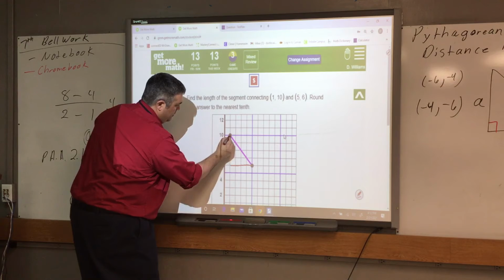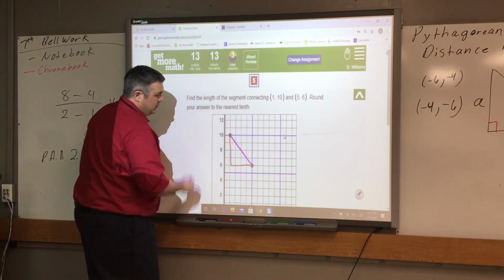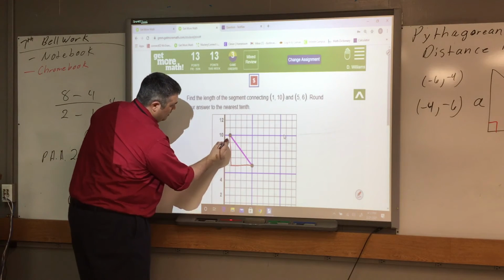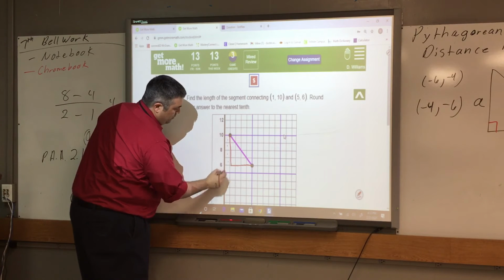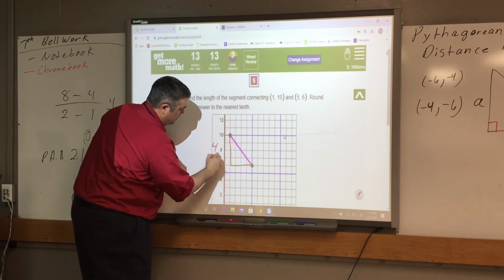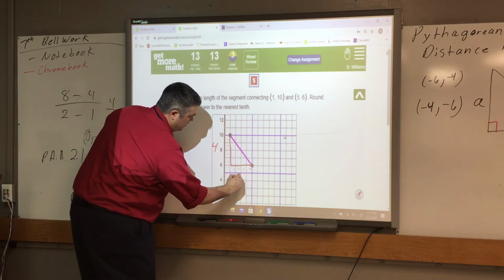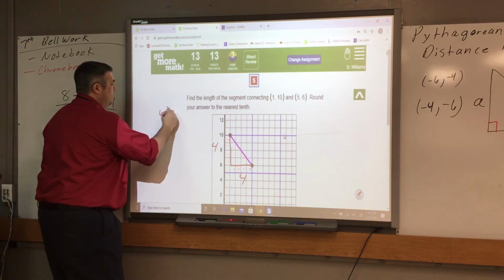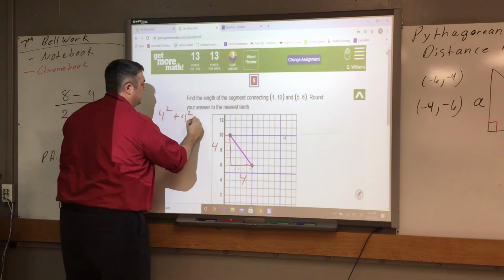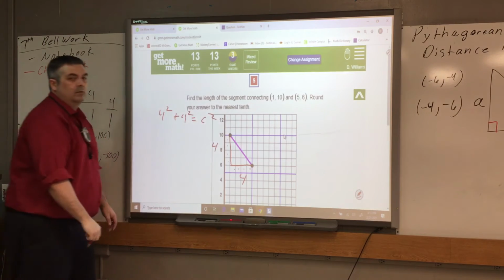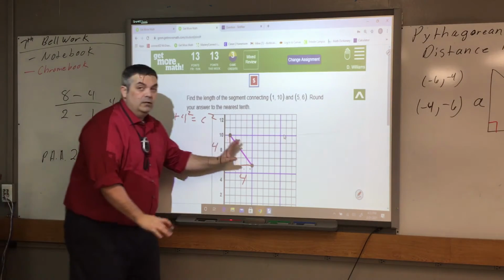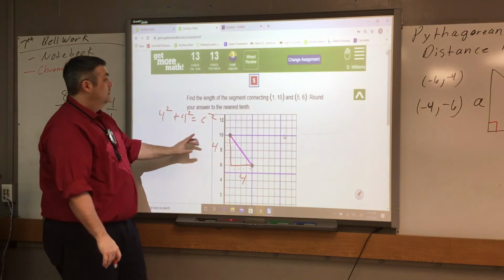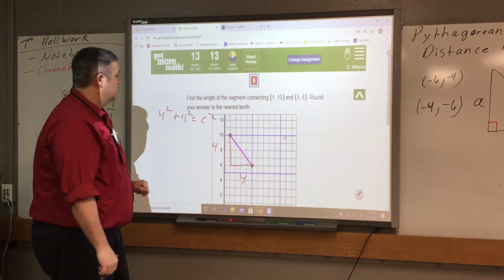Come over, come down, count the boxes. 1, 2, 3, 4. 1, 2, 3, 4. 4 squared plus 4 squared equals c squared. That's what you're doing. Now, if you didn't have this, could you graph it?